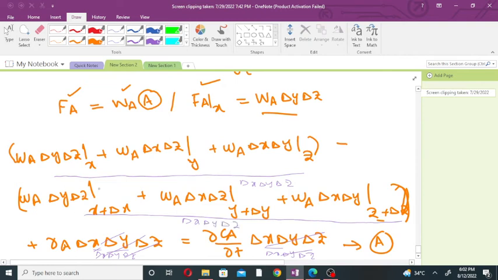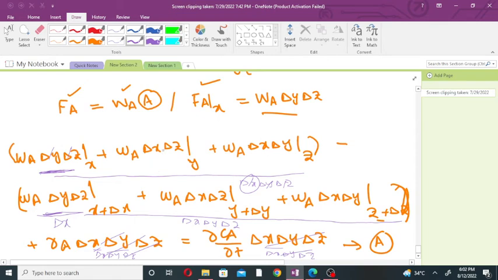In these terms, if divided by delta x delta y delta z, then delta y delta z will cancel, and delta x will come in the denominator of this term. Similarly, delta x will come in the denominator of this term.